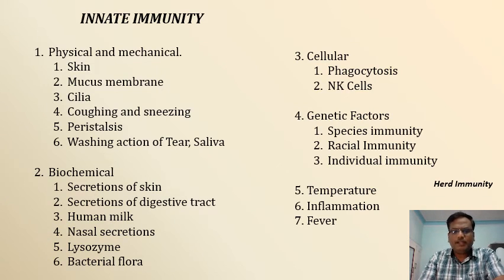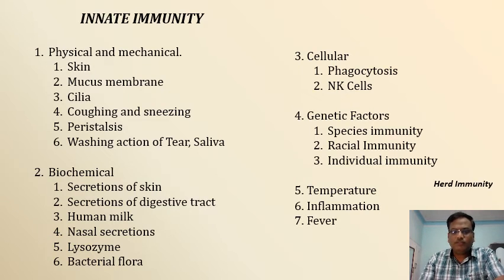And entry of pathogens may cause inflammation, localized inflammation, so redness, pain, swelling, heat. So these are the four conditions of inflammation. So wherever the pathogen has entered, normally we find inflammation, for example whenever an insect bite occurs. So there will be swelling, there will be accumulation of fluid, redness, heat, and pain.